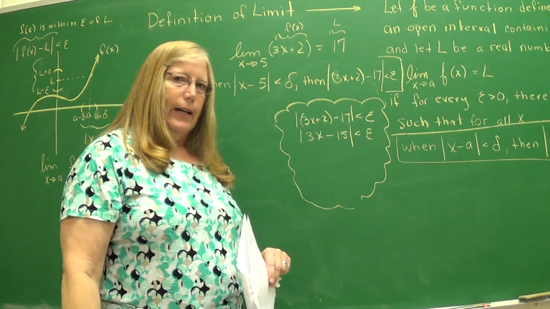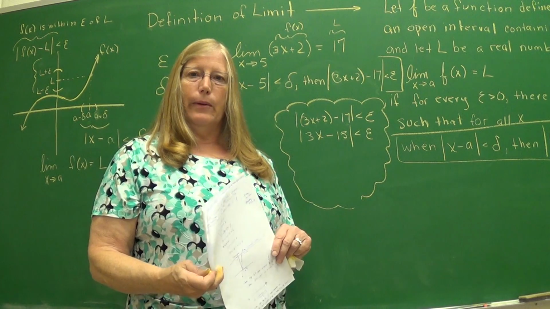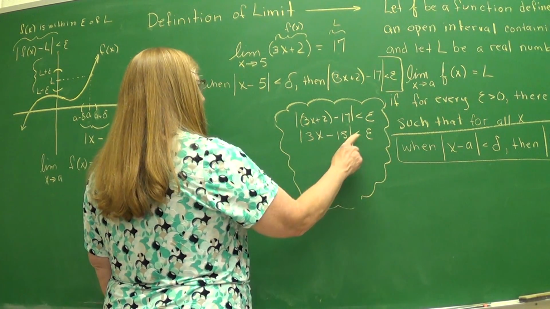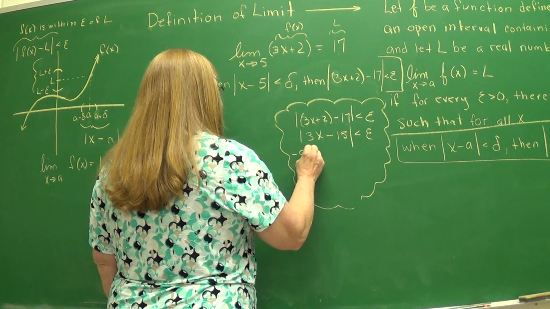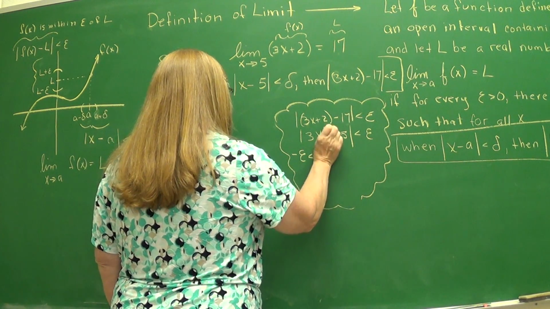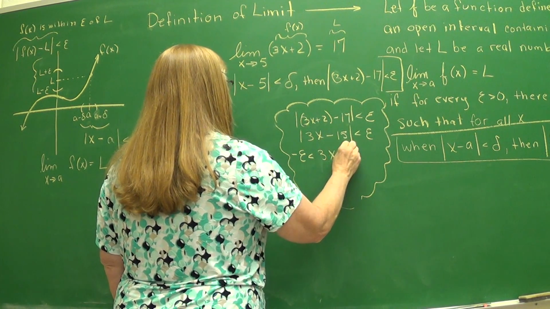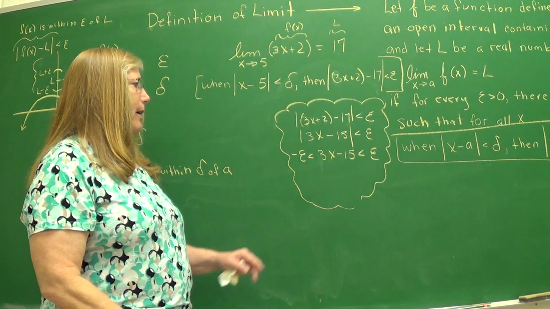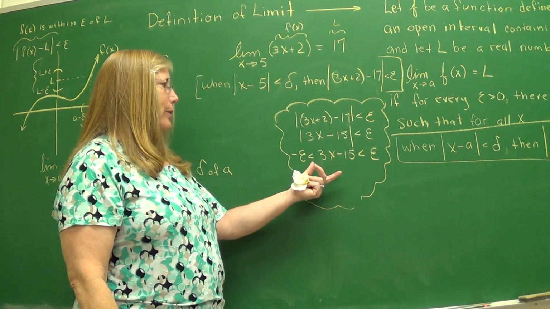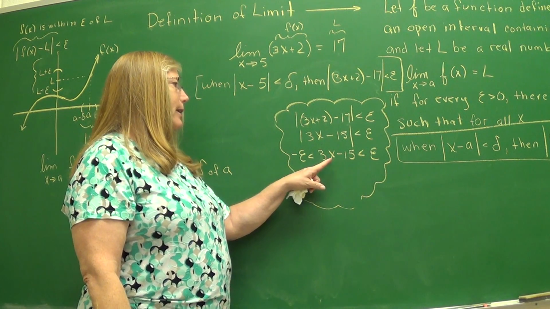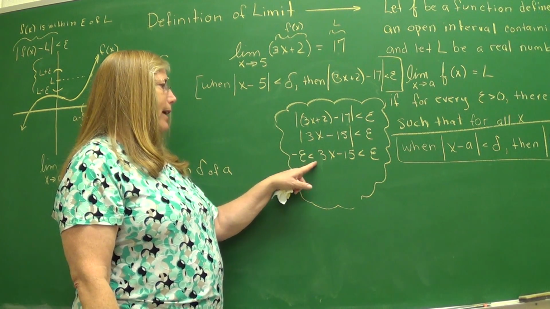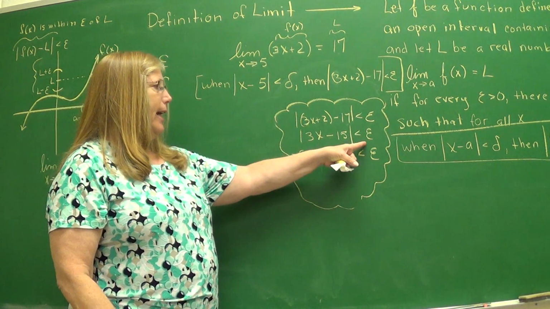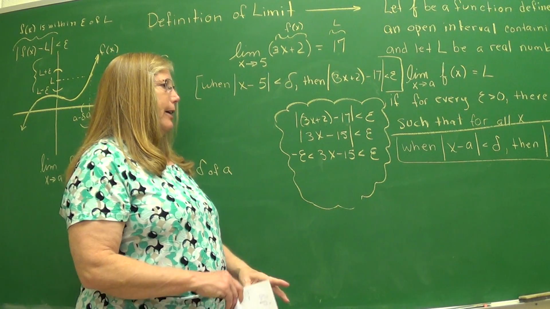Let's remove the absolute value symbol, and we can do that with a compound statement like this. That tells us that negative epsilon is less than, no absolute value sign, 3x minus 15, which is less than positive epsilon. That's how you take a statement in absolute value, which you learned in Algebra 2, and remove it to have an algebraic statement without absolute values. So it's going to involve that negative epsilon and a positive epsilon.